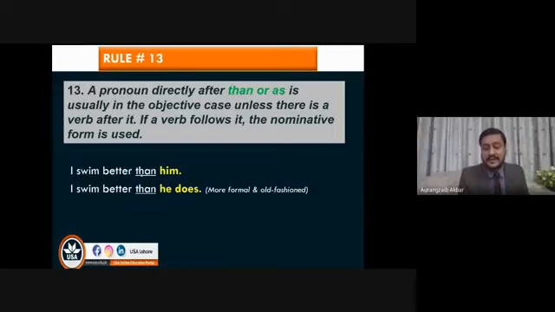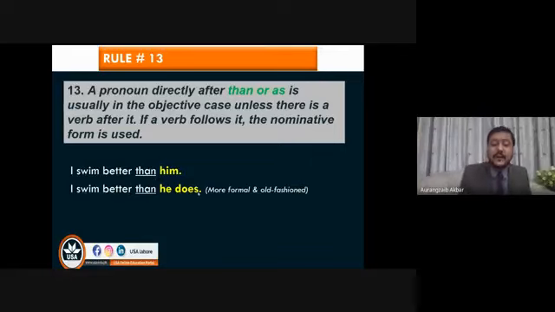Let's forget about the verb for now, just remember this: like, I swim better than him; he is as beautiful as me. After the as we have used the objective form. Same is the case with I swim better than him: here him is in objective form because it comes after than. Then, I swim better than he does.